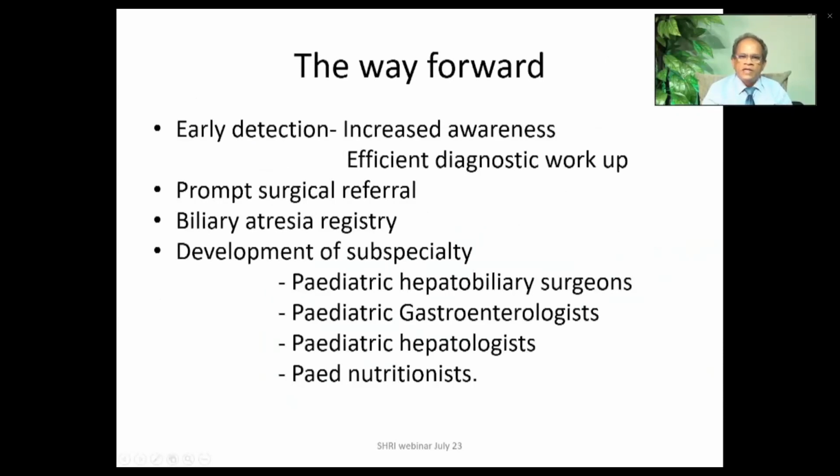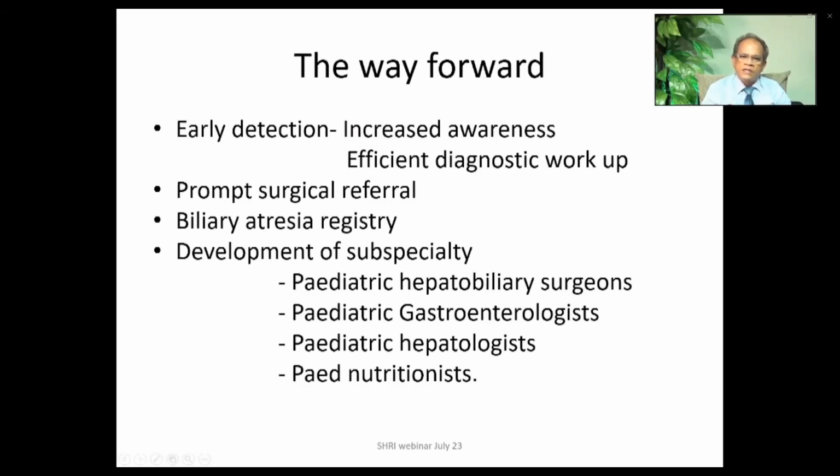The way forward, the most important thing, is increased awareness among healthcare professionals, even more than among the general public, because the general public seems to be coming to the primary caregiver, but there is a delay, either because investigations take longer, or patients are reassured and sent home, told this is just physiological jaundice and they will get better. Then they come back in a poor state.